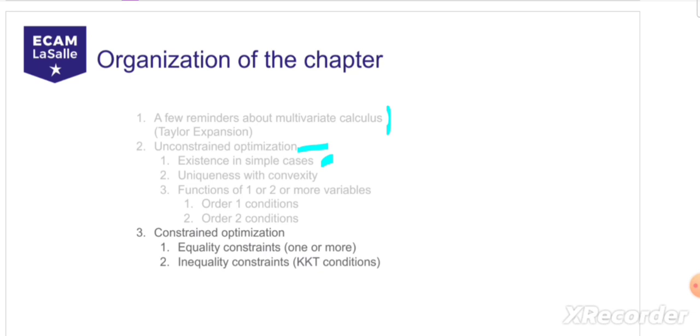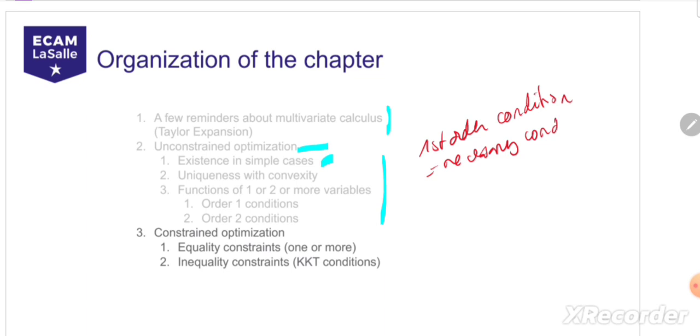So you remember that we have first order conditions, which are necessary conditions, which are giving us the candidates for optimum values.